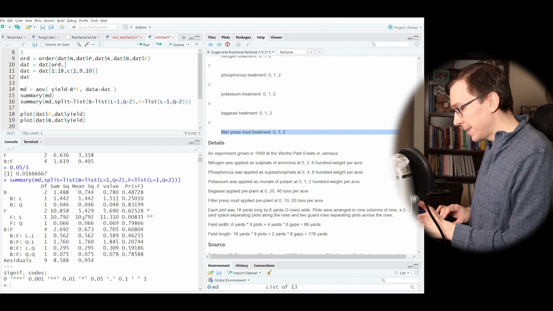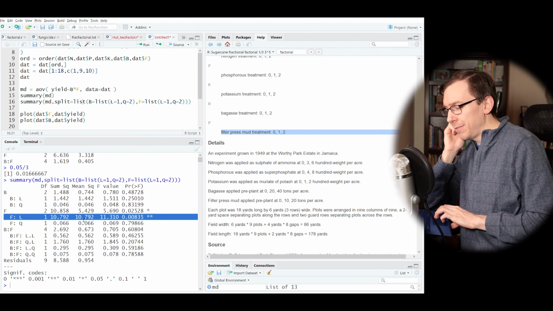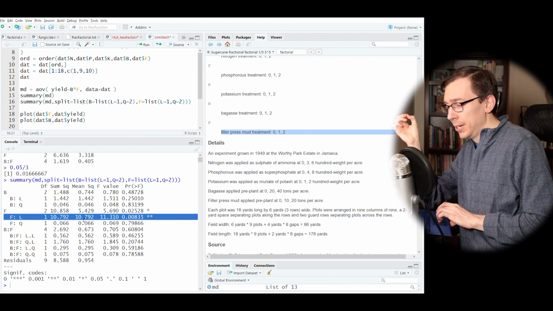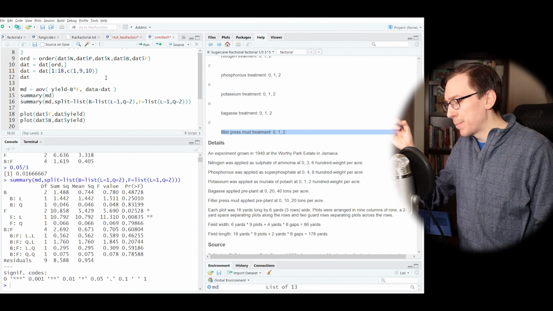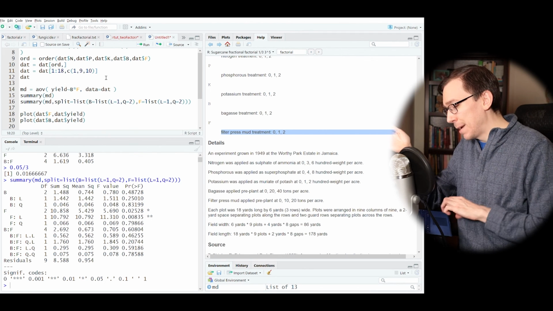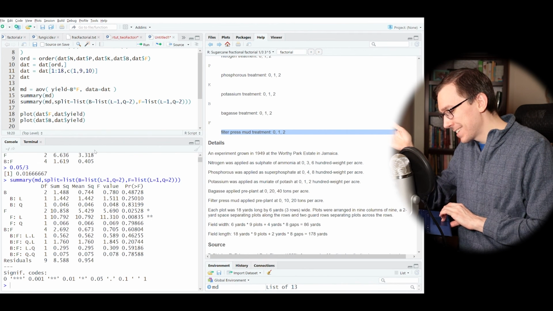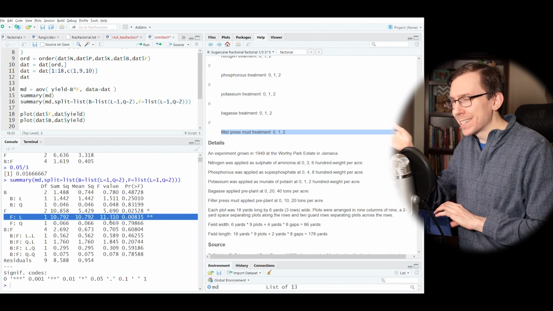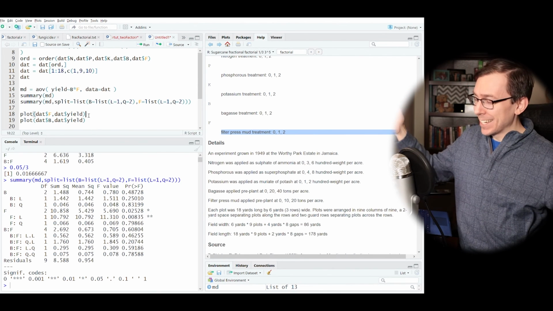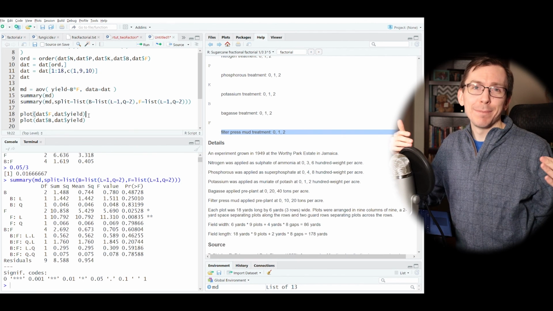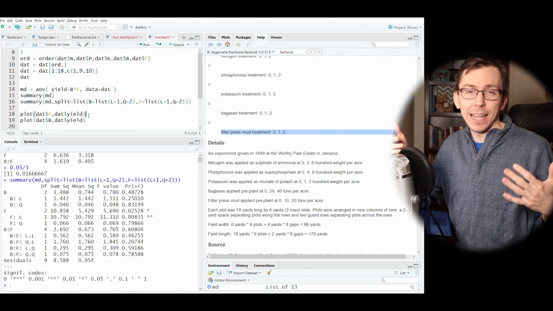Also, I did want to note that here we see very much significance in the linear term. So if I go down here and try to plot the yield with respect to the factor levels of F, what I'm guessing based on this, okay, I know what the answer is because I already did this, but we'll pretend I don't, is that we will see something like those box plots I drew in the lecture.